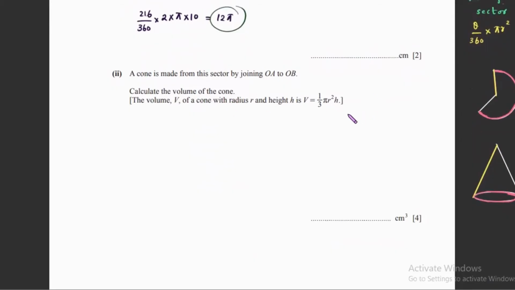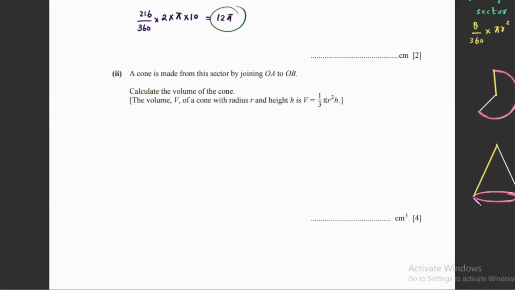To calculate the volume of the cone, in this case, the radius in the sector will act as the slant height of the cone, because when we connect this portion and this portion together, the radius will be the slant height for the cone. Then this arc length of the sector will become the circumference of the circle, or will form the circle at the bottom.